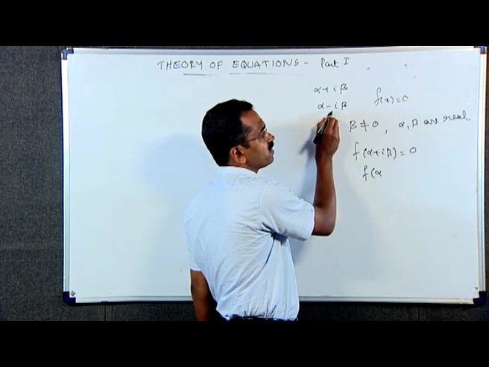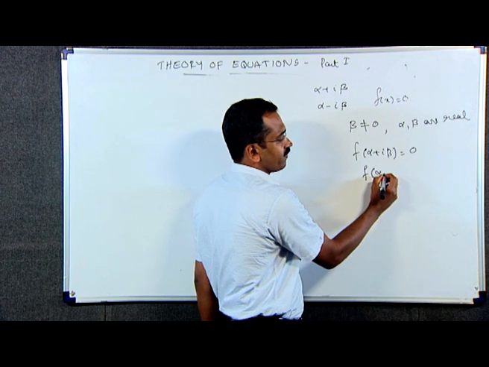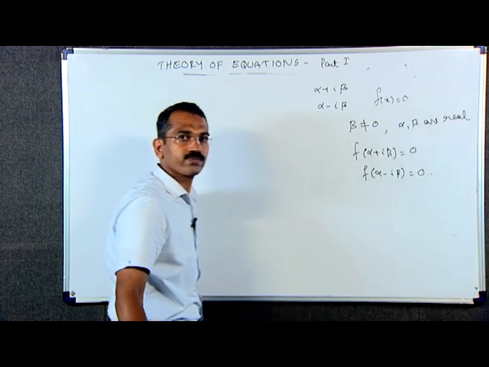Similarly, if alpha minus i beta is again a root of the equation, we can say that f of (alpha minus i beta) is also equal to 0.